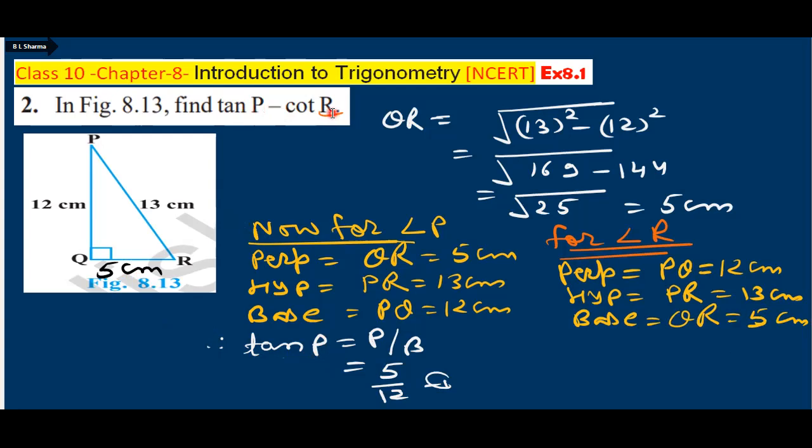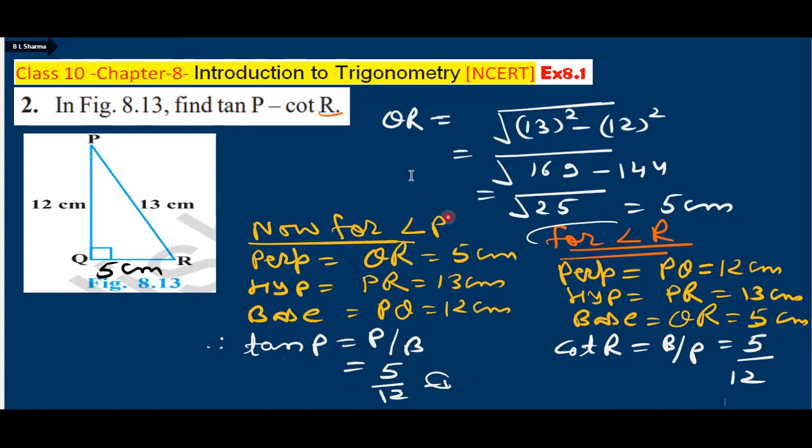And now cot R. Cot R means cot of angle R, that is base upon perpendicular from acute angle R. So base is 5 and perpendicular is 12. So here tan P is 5 by 12.